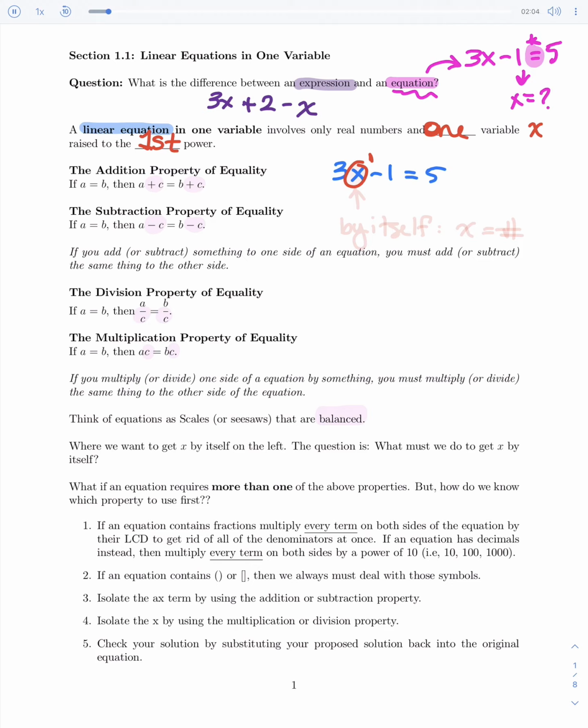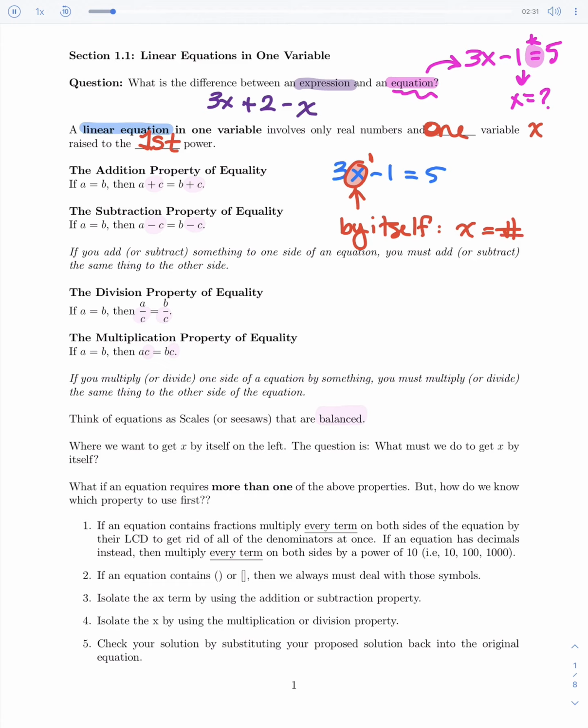Then the question is going to be, how do we solve an equation for a variable? Well, if we want to solve an equation for a variable, the idea is going to be to get that variable by itself, so that we'll have something that looks like x equals some number.